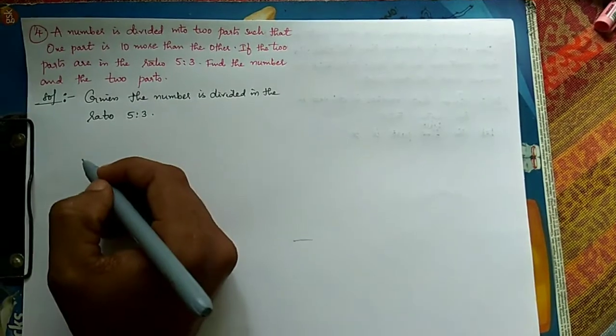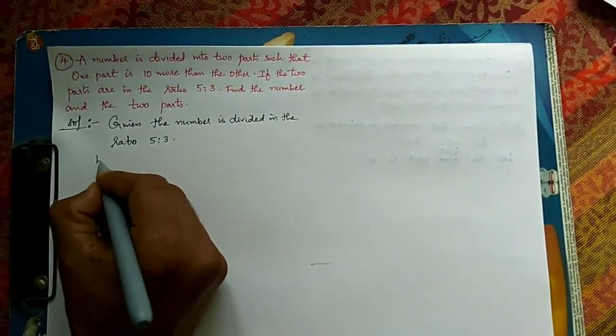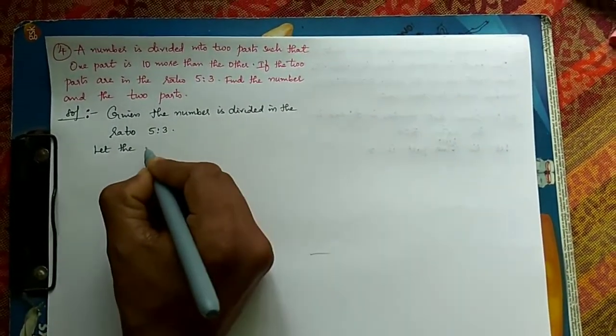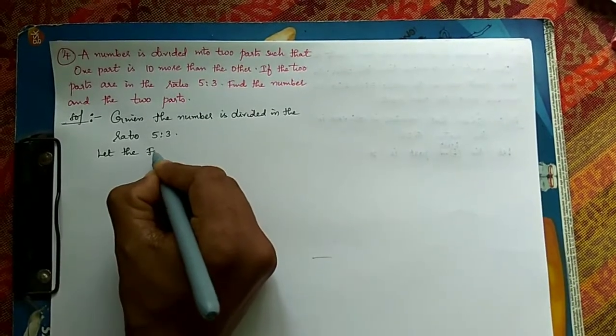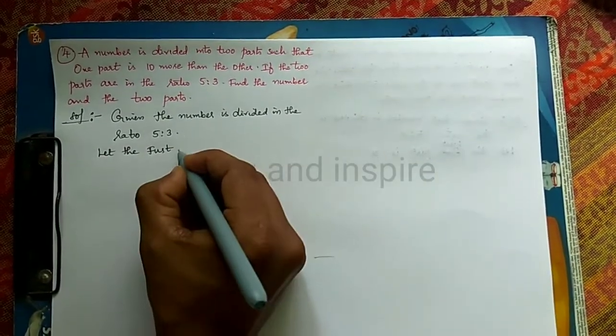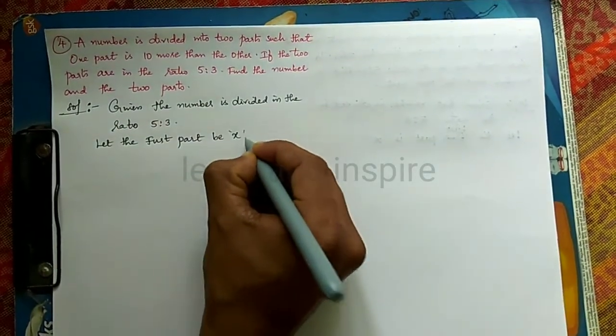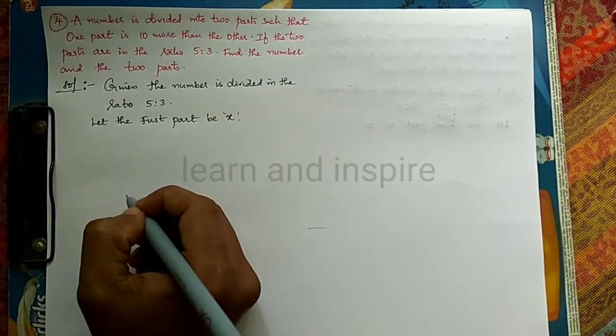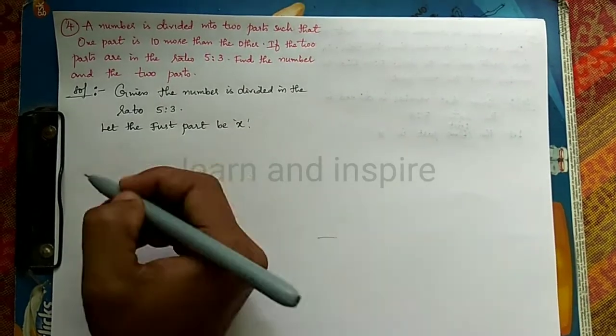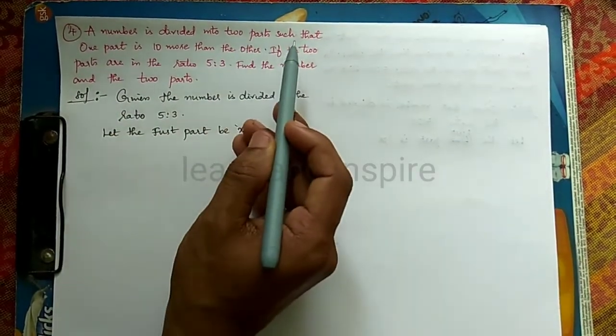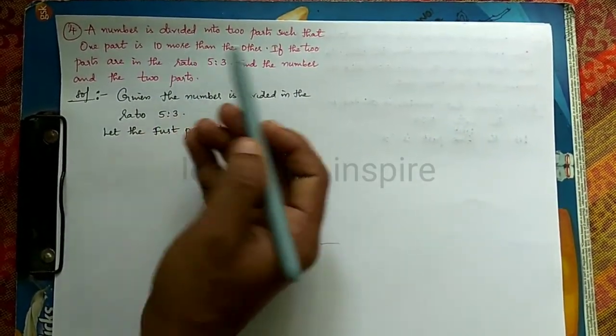So we do not know the first part and second part. Let the first part, or one part, be x. Let the first part be x, and for the second part, the two parts are such that one part is 10 more than the other.